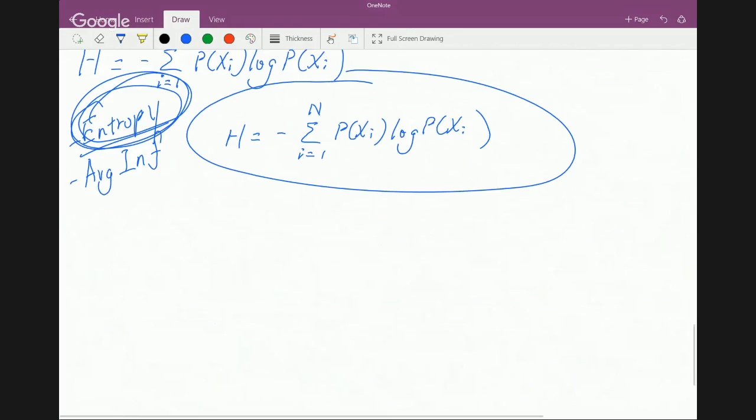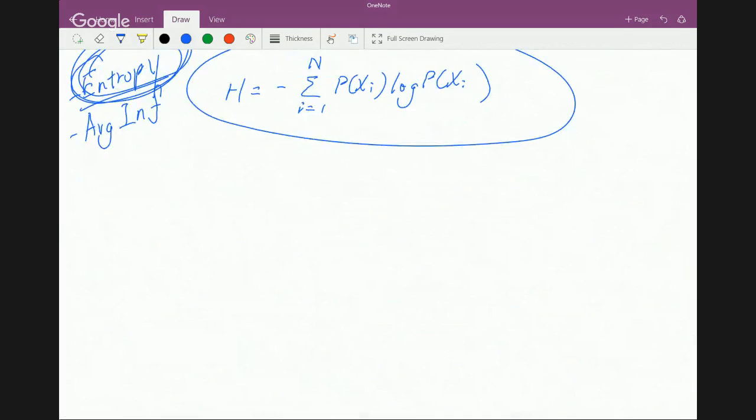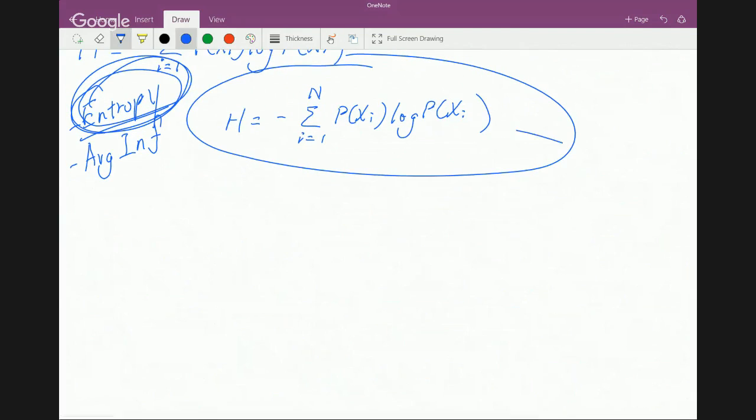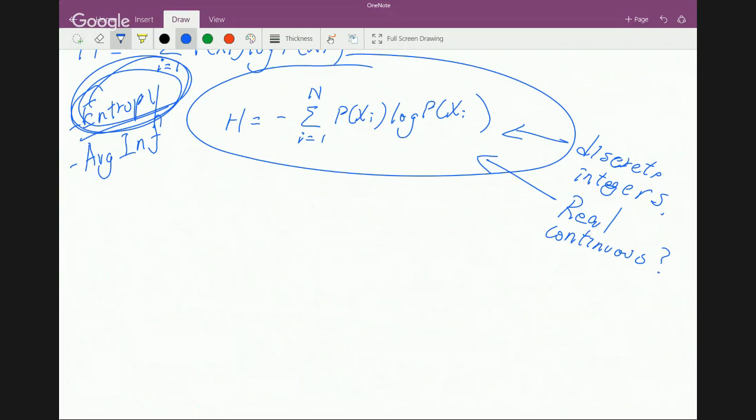The next concept I want to introduce after you understand entropy is, well, this right here is in the discrete domain. So the numbers are integers. Well, what if the numbers are real? So they're in the continuous domain. It's actually very simple. If this is in the continuous domain, it is called differential entropy.